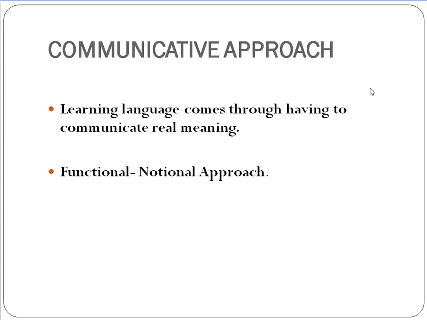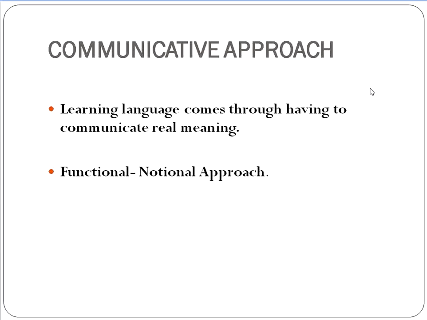This approach enables a learner to convey the real meaning of that particular context or anything. So what is the first point? Learning language comes through having to communicate real meaning. That means you need to learn how to communicate yourself to the outer world in a meaningful manner.